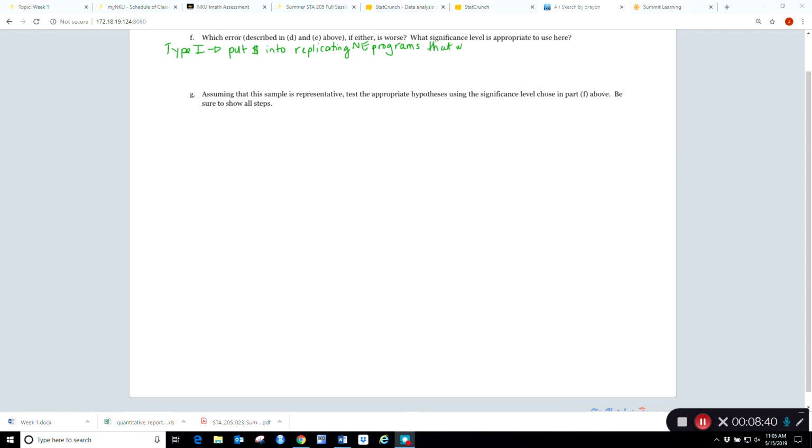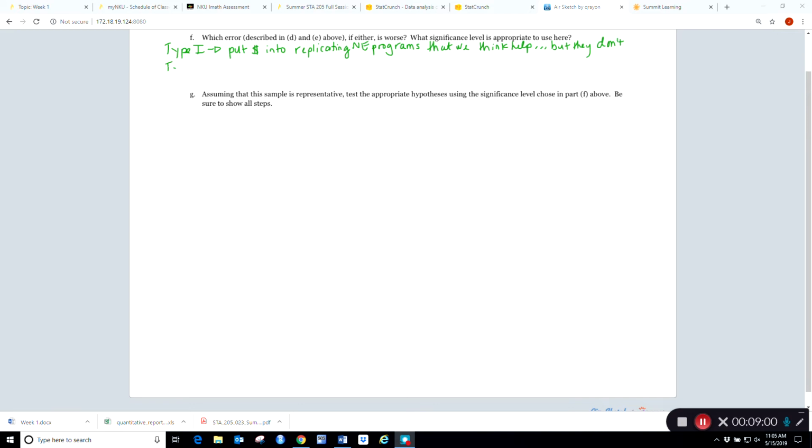But it's an error here, so we think that those programs are helping, but they're actually not.